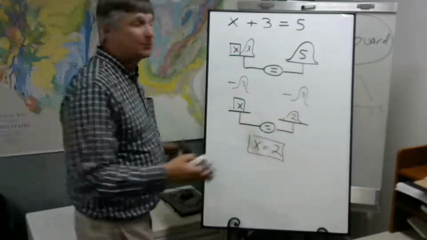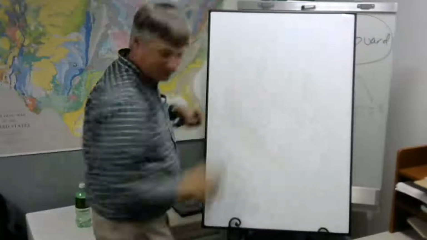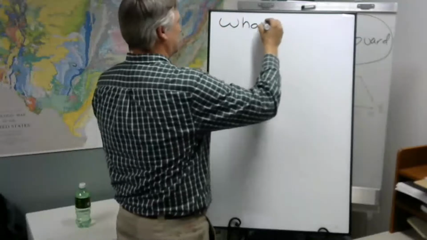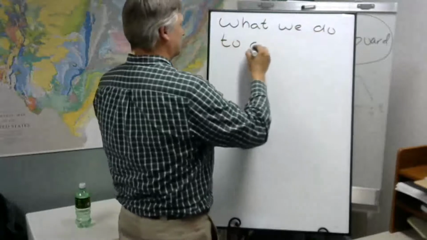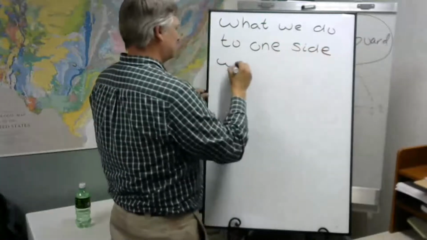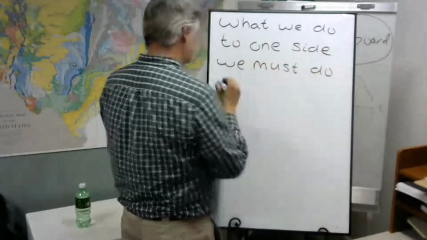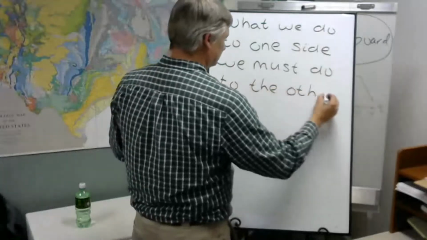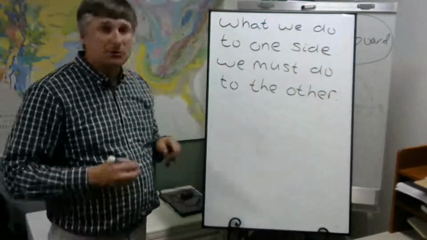So here's the key thing when we do algebra. What we do to one side, we must do to the other.